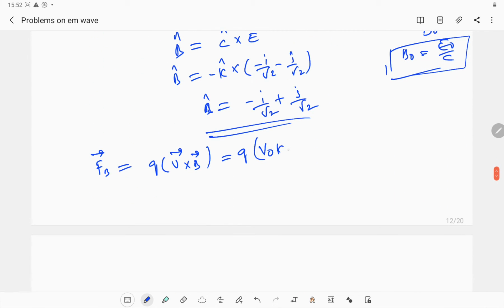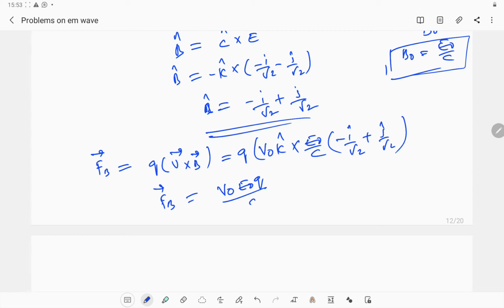Therefore, V naught K cap cross B bar is equal to, B bar is nothing but its magnitude E naught by C into its unit vector, minus I cap by root 2 plus j cap by root 2. This becomes Fp bar is equal to V naught E naught Q by C into K cap cross minus I cap by root 2 plus j cap by root 2.